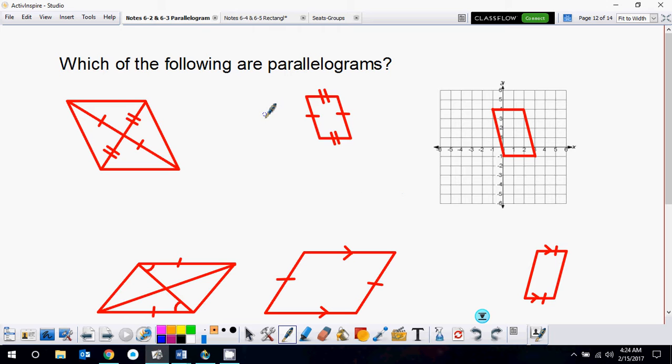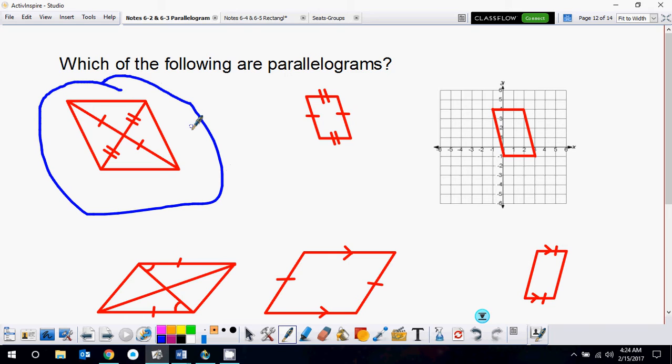Alright, so hopefully you are able to see that diagonals bisect each other. So the first one works. Opposite sides are congruent, so the second one works. The next one, you've got this pair of sides that are both congruent, because they're 3, and they're parallel.